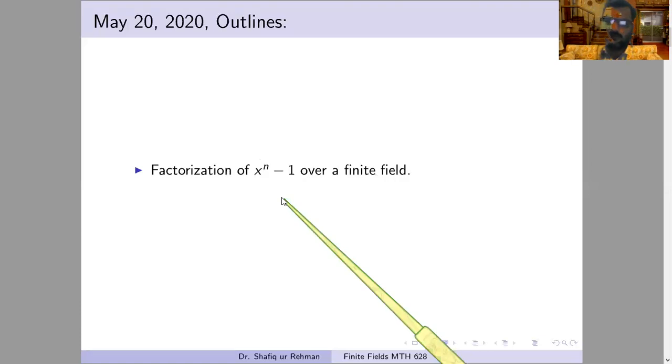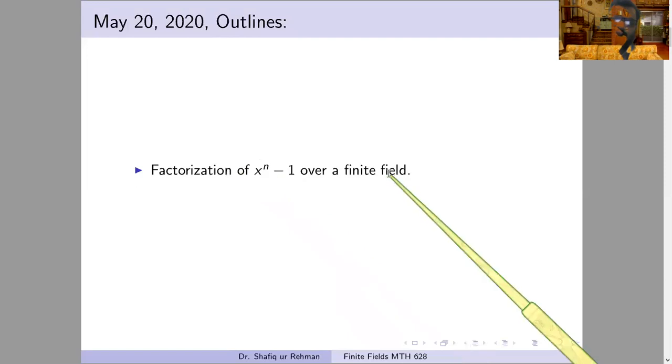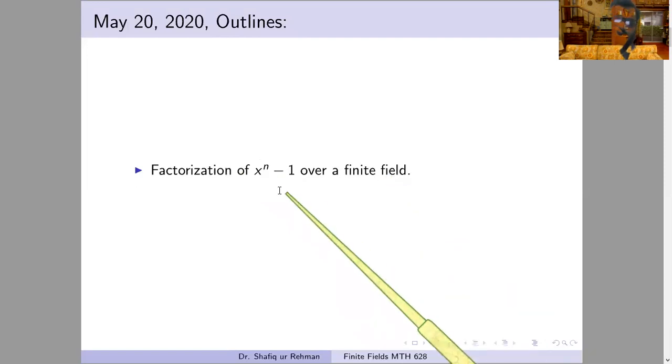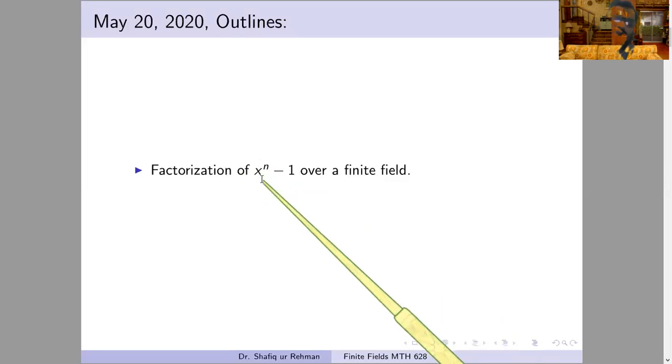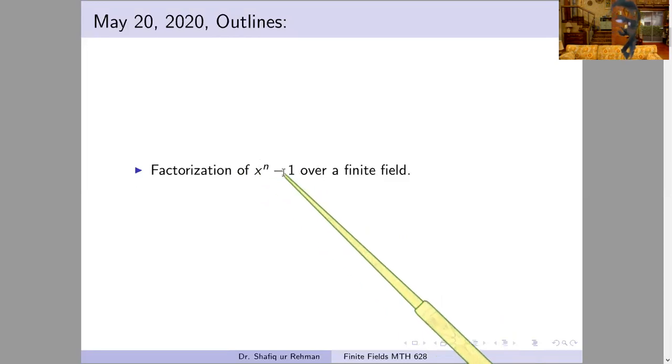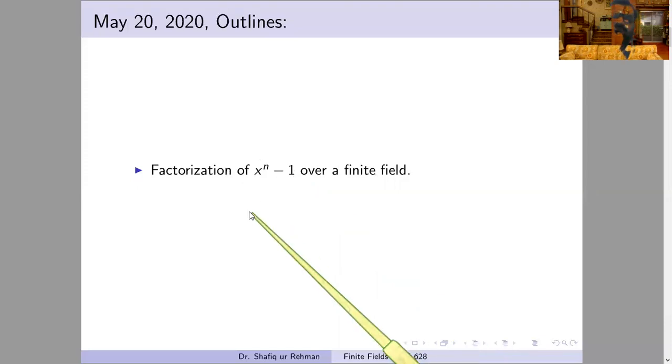First of all, it is important to mention here that in order to factorize this type of polynomial over any finite field, we should know about the splitting field of this polynomial over that finite field. That is, the smallest field in which the roots of this polynomial exist. Then by using those roots, we will decompose this polynomial into the product of linear factors.